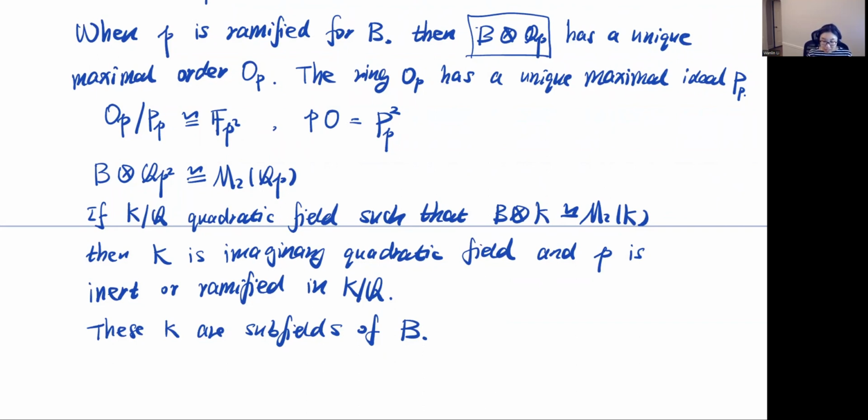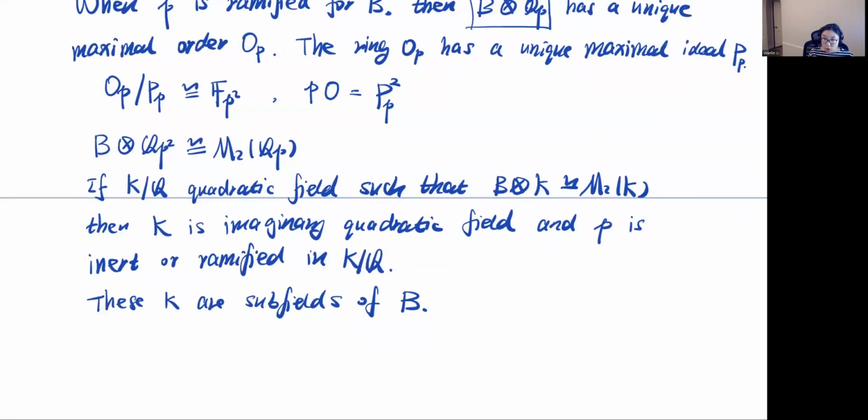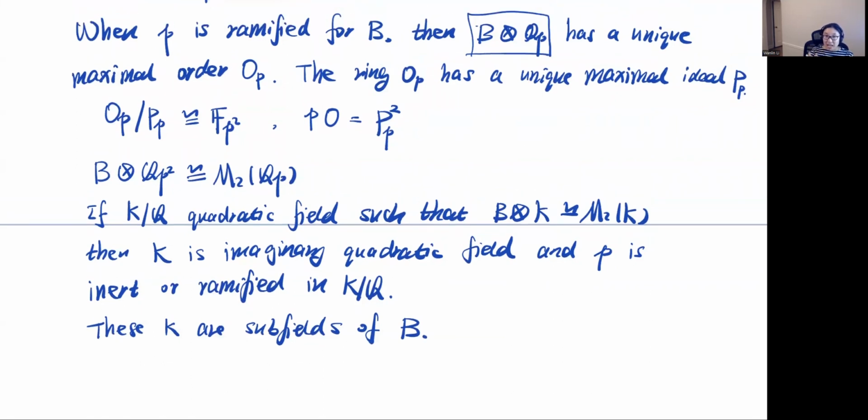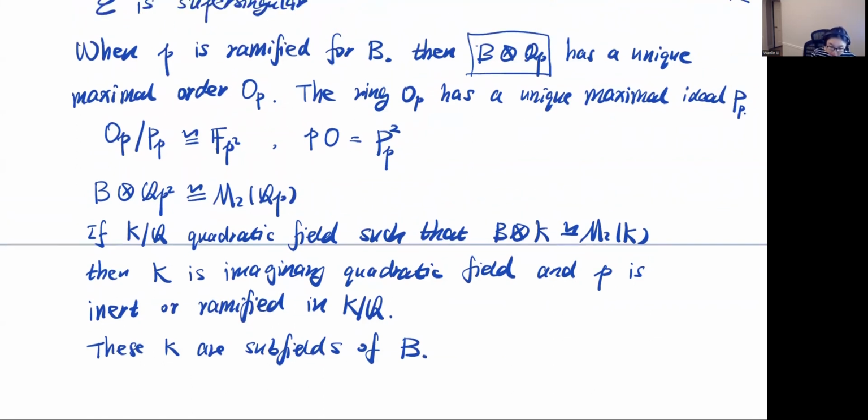If a quadratic field is contained in B, then B tensored up to this quadratic field extension gives the matrix algebra over this quadratic field. This shows that this quadratic field has to be either contained in Q_p squared, if I localize, or contained in the ramified extension of Q_p.